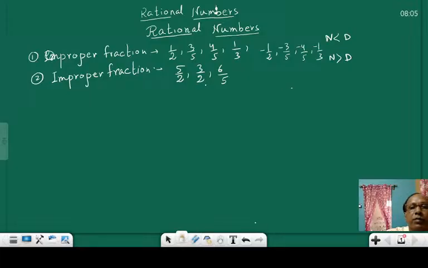Take the improper fraction 5 by 2. If you divide 5 by 2, it can be written as 2 whole 1 by 2, right.